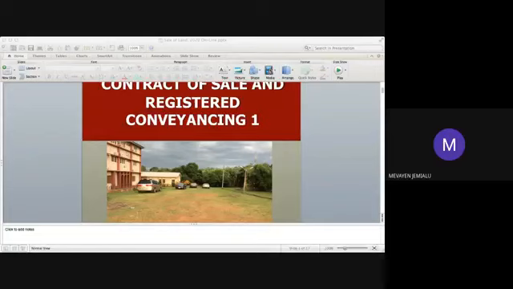But gift inter vivos under customary law, please you should note, is an oral pronouncement by a grantor in the presence of witnesses, and the person to whom the gift of land is being made, known as a grantee, is expected to take possession during the lifetime of the grantor.